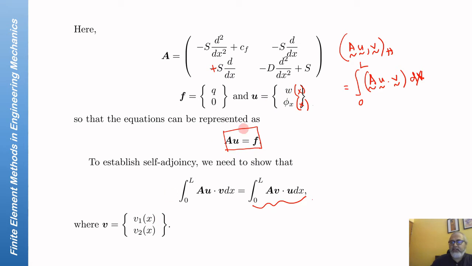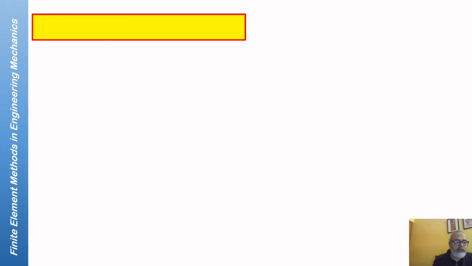So V1 is analogous to W and V2 is analogous to phi x. They reside in the same space and follow the same boundary conditions that W does. So at 0 and L, U and V have the same boundary conditions.